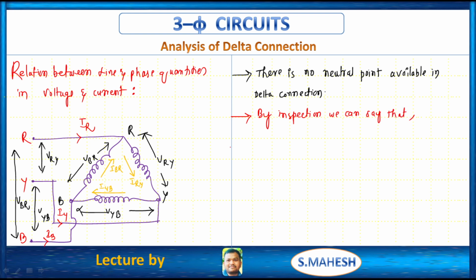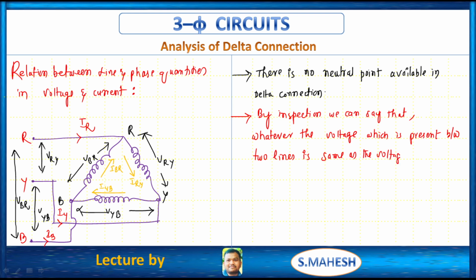Whatever the voltage which is present between two lines is same as the voltage present between two node points.